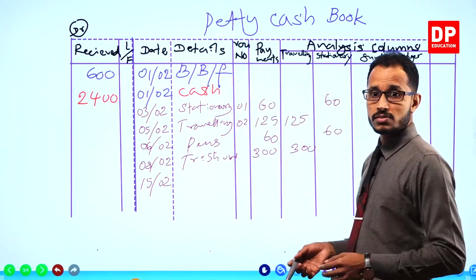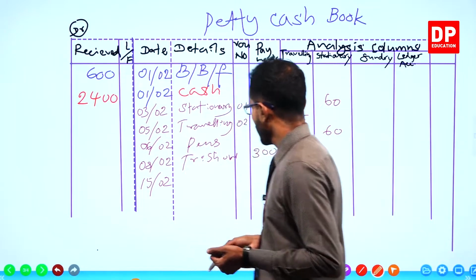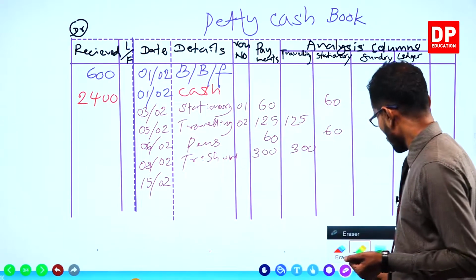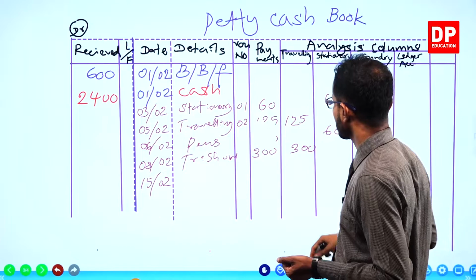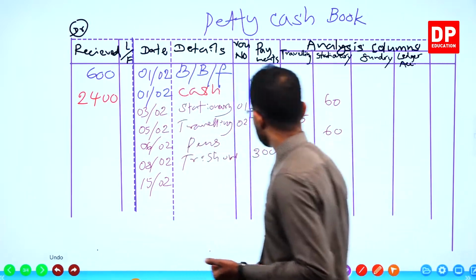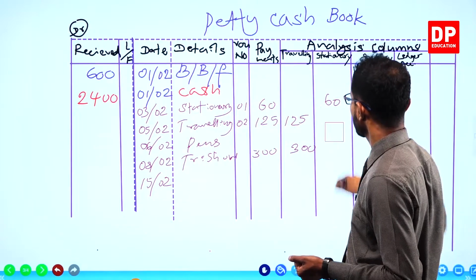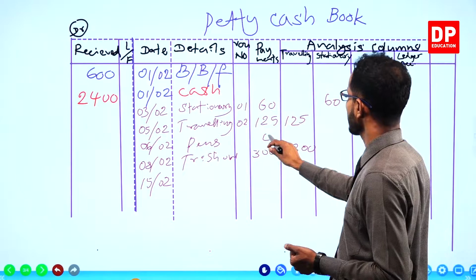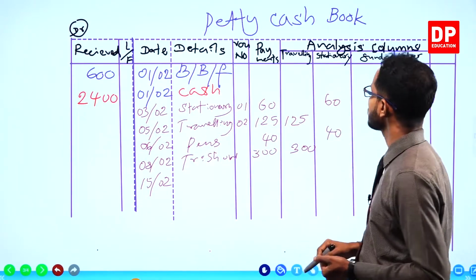That means 2 soap packs. Before that, we'll correct the amount for the pens that we entered. It's not 60, it should be 40, right? Yeah, it should be 40. And in the stationery column, 40.